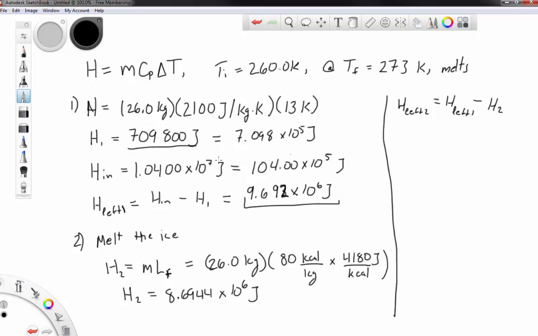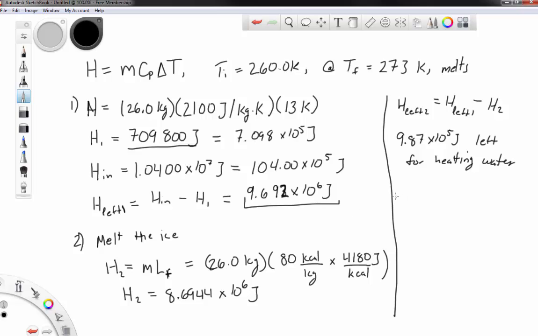That's the same as the heat in minus stage 1 minus stage 2. So when we do that, we end up getting about 9.87 times 10 to the 5th joules left for heating water.